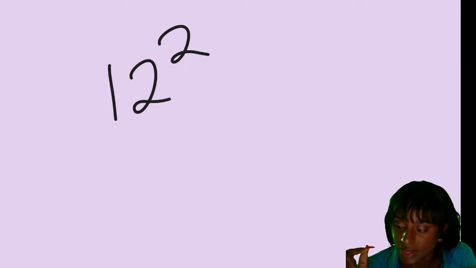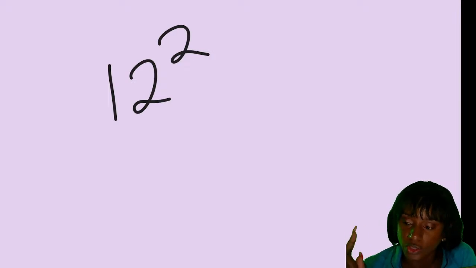Could somebody type in the chat what's 12 squared? 12 squared would be 12 times 12. These are things that you need to know before you enter the exam room. Do not use a calculator. Jenna said 144. Excellent. 12 squared is 144.